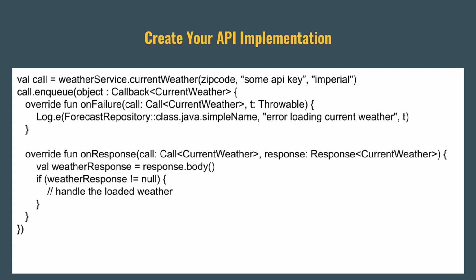We're going to do this work on a background thread, and when we're done, we're going to take this callback, call it on the main thread, and let the caller know that we either have the weather or there was some type of failure. This type of callback pattern is very common in many types of libraries. And it's a good way to help ensure that we're not blocking the UI or just any other thread in general.